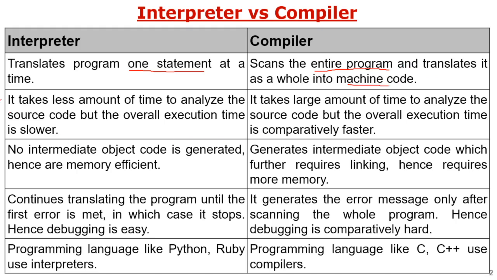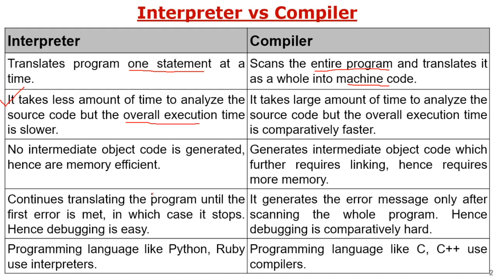The second difference is that the interpreter takes less time to analyze the source code, but the overall execution time is slower. Let me explain this statement. It takes less time because it executes line by line, so analysis of the source code is much faster.